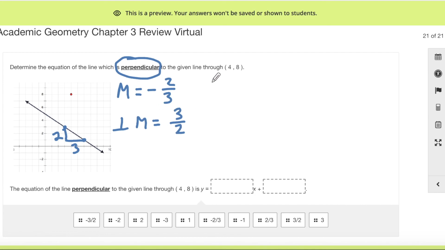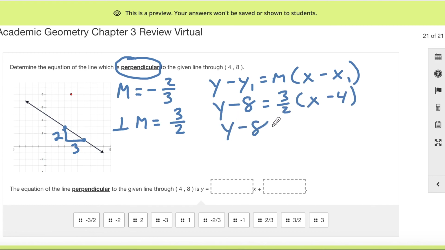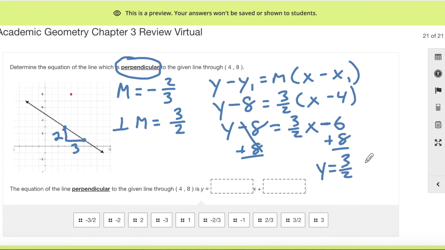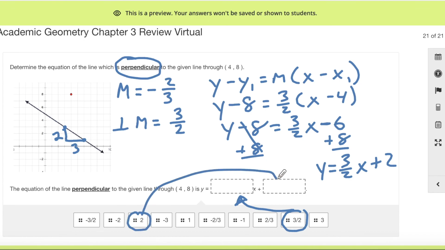That's the one I want to use in this equation. So my equation is y equals 3/2 x plus 2. Take the 3/2, drag and drop the 3/2 into the first box, plus 2 for a y-intercept. Take this y-intercept, drag and drop it into the back box.